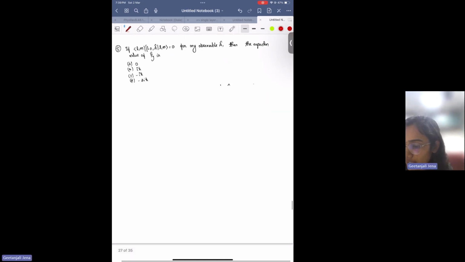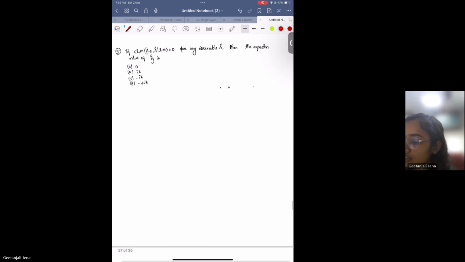So let's see our next problem. The next problem is based on the commutation relation also, let's see the problem first. It is given that the commutation relation of Lz with A is 0.